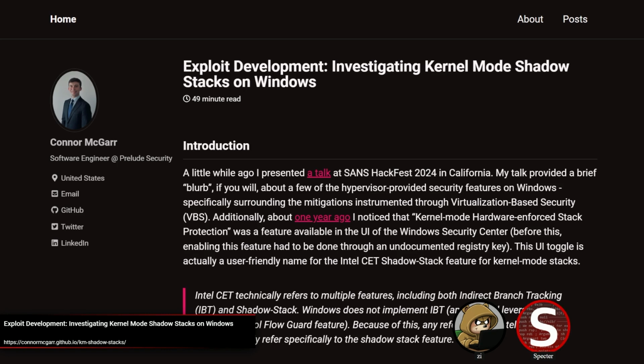Sorry, go ahead, Z. Yeah, I was just going to say, when it comes to forward or backward edge being stronger, I've always felt the opposite, that forward edge was generally the stronger side, but not implemented as often. Or maybe that's what you were getting at. That's what I was saying. Typically the forward edge, like hijacking function pointers, has received a lot more attention for trying to mitigate it.